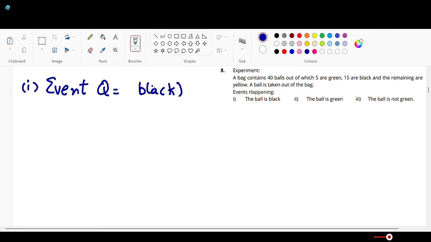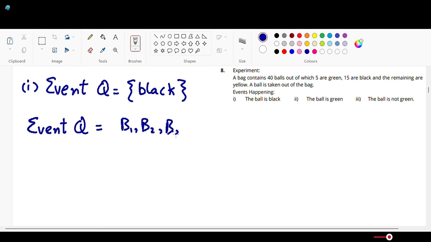Basically, it means the black balls. What is the possibility of there being a black ball? So event Q will be equal to how many black balls are there? There are 15 black balls, so that means B1, B2, B3, all the way to B15.